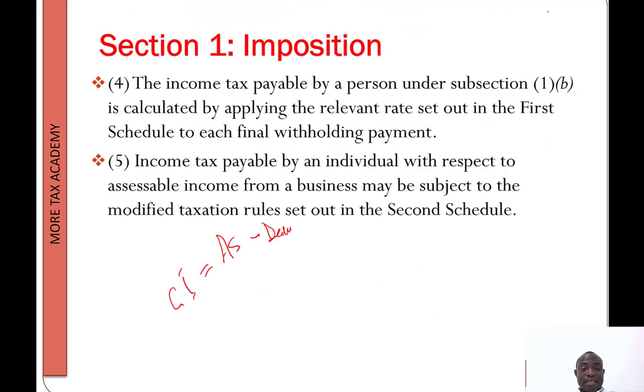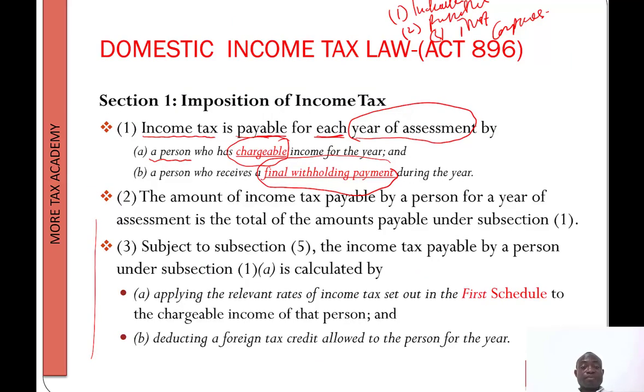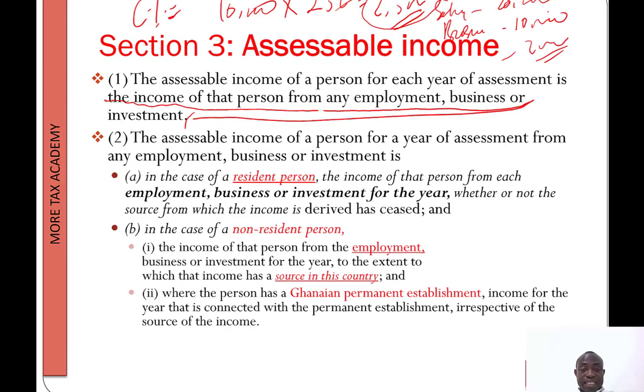And Section 1 says that tax is imposed for each year of assessment on a person who has a chargeable income, but you can't apply it to everybody. If a Canadian citizen is in Ghana and for some reasons he brought some money or something, you've got to be careful when you are trying to extend your long hand in taxing people. So Section 3 subsection 2 is very, very important for international taxation.